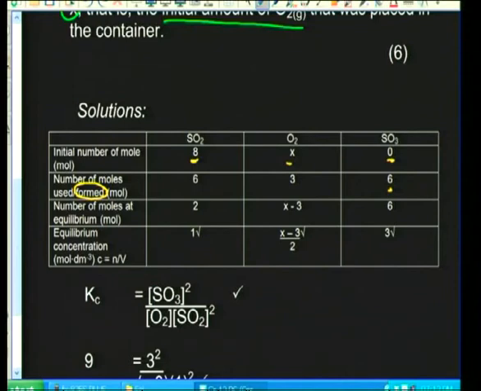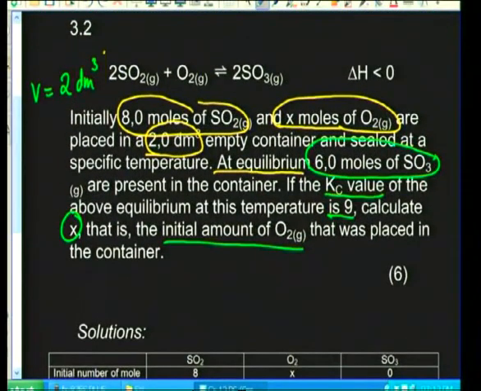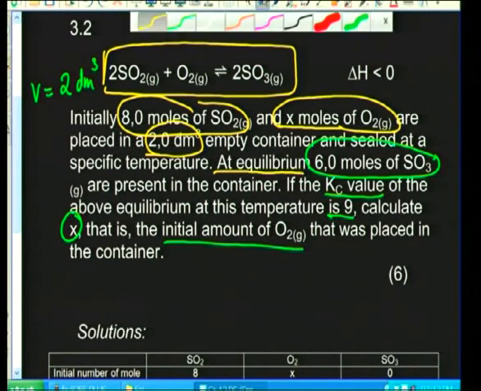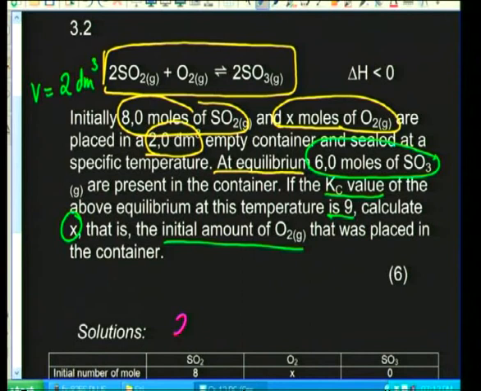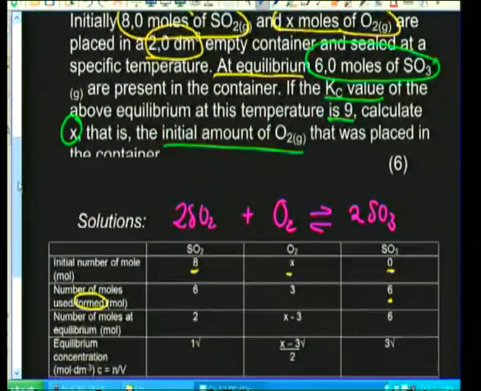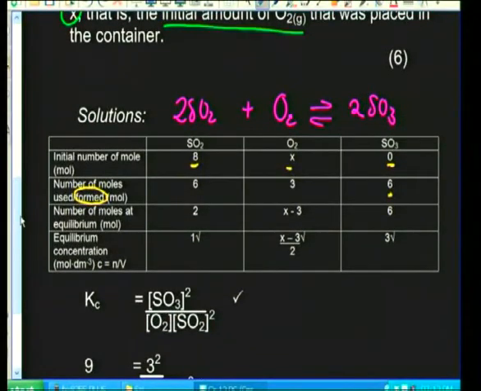I go back to my equation and I'm going to write it again just a bit lower down, so that I can work with it. 2SO2 plus O2 forms 2SO3. Okay, moving right along. Let's have a look here. Well, this is a 2:1 ratio, there's an understood 1 there.